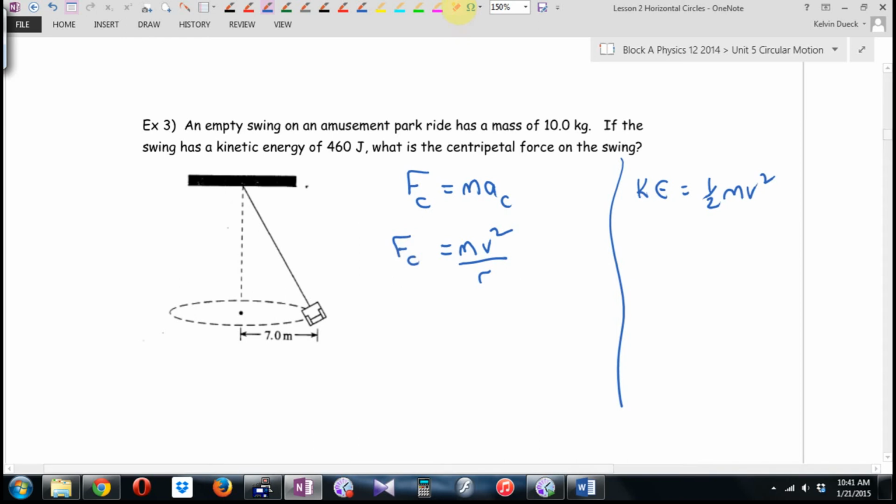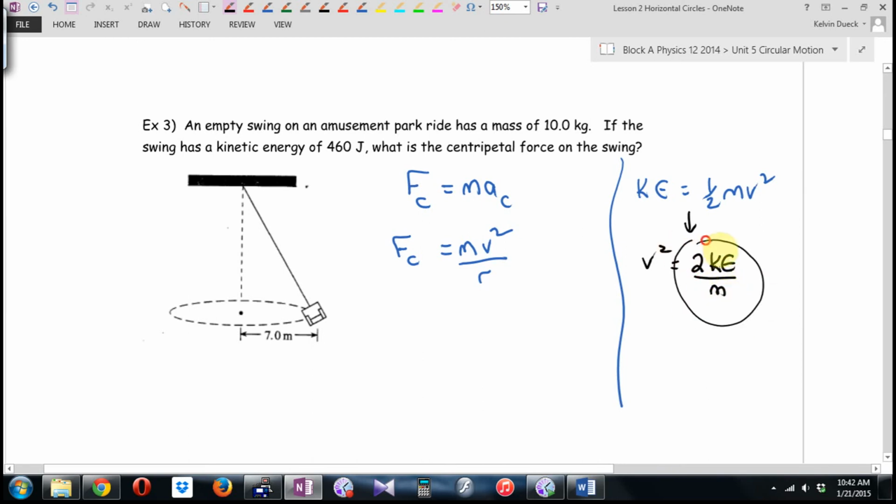By the way, what's this right here? I could put a 460 here times 2, divide by the mass. I'm going to algebraically get the v squared by itself. This means v squared equals 2 KE over m.